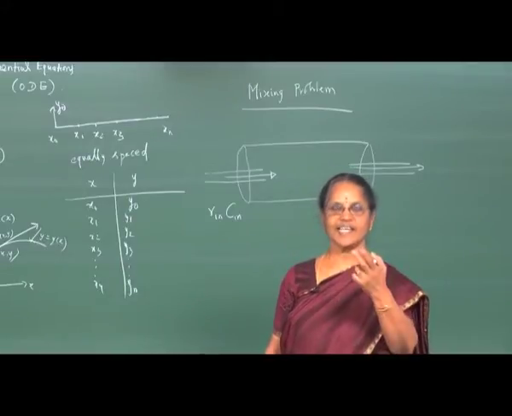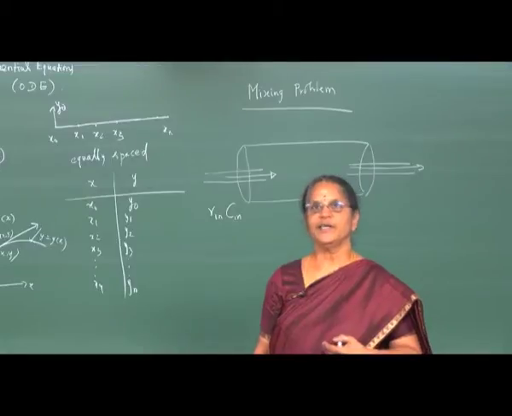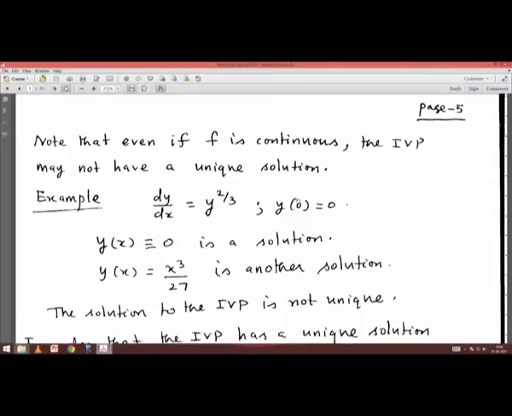So, let us see an example. Consider dy by dx equal to y power 2 by 3 with y of 0 equal to 0. We observe immediately that y of x equal to 0 is one of the solutions, which is a trivial solution. In addition, y of x is equal to x cubed by 27 is another solution.